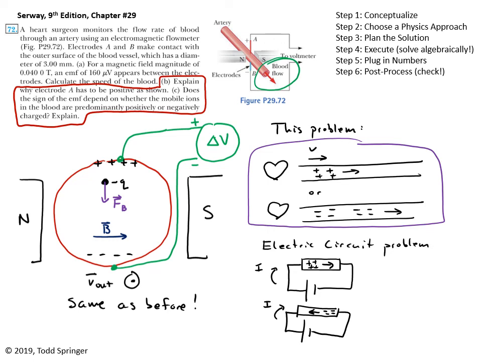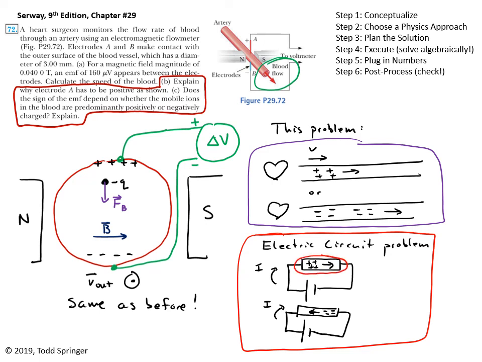Charge is different. However, in an electric circuit problem, you can imagine your pump now is a battery. And in this diagram, I've drawn the current flowing clockwise. If I change the sign of the charges, if the charges are positive, they're going to be flowing to the right up here.